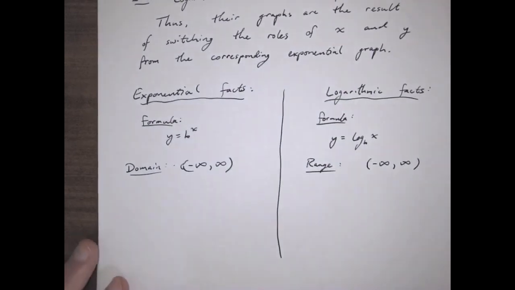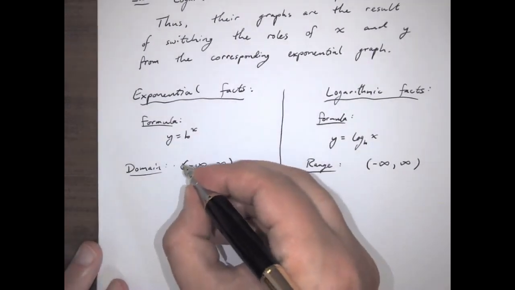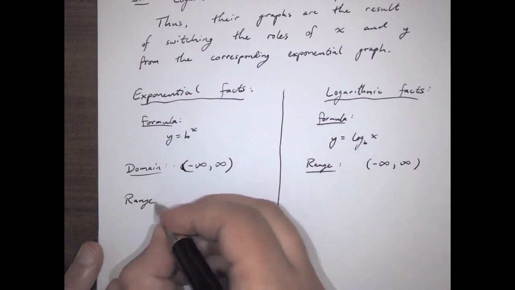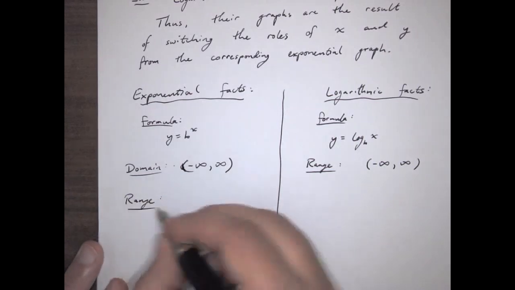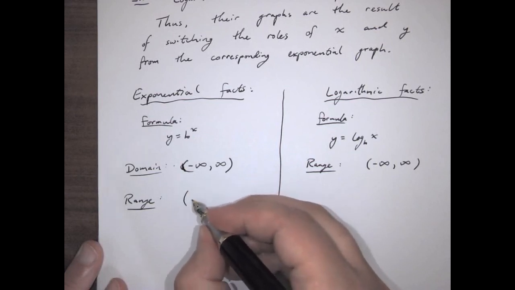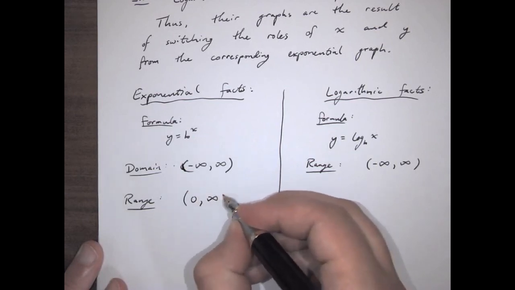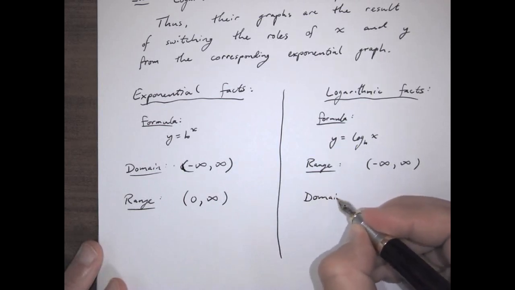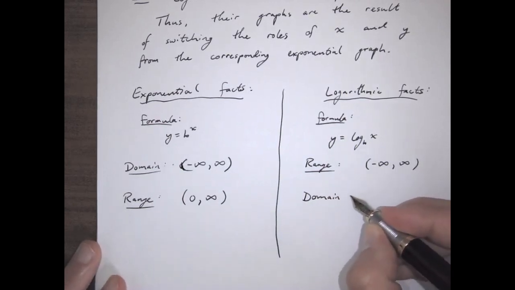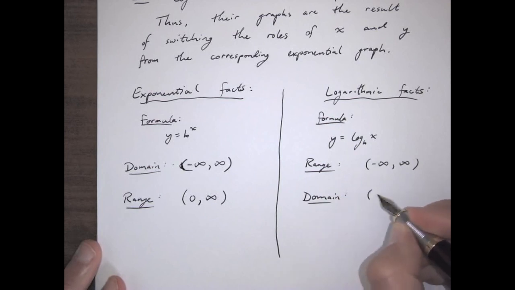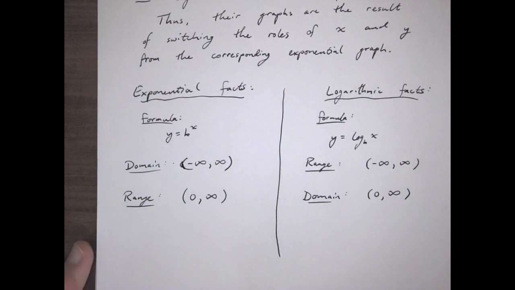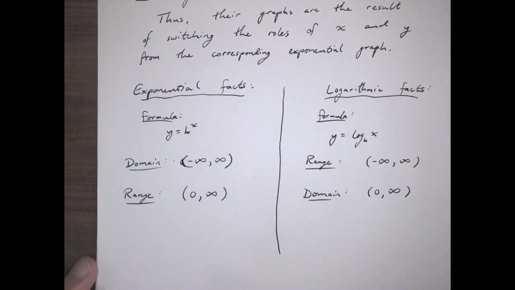The domain of a function is the range of its inverse. Conversely, the range of an exponential function is 0 to infinity, which means the domain of the corresponding logarithm also is 0 to infinity. So range becomes domain, domain becomes range.